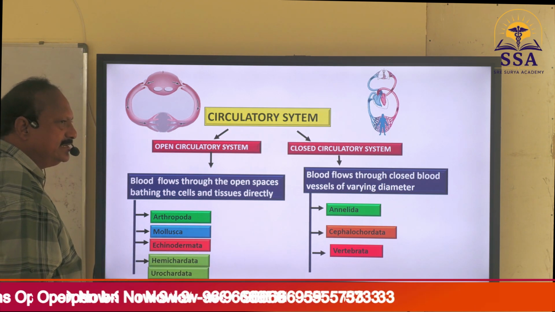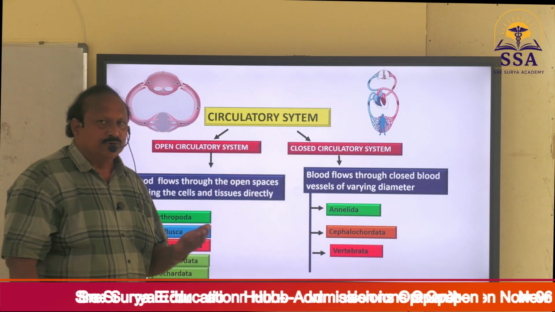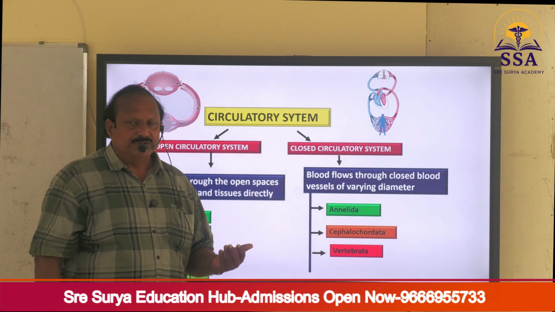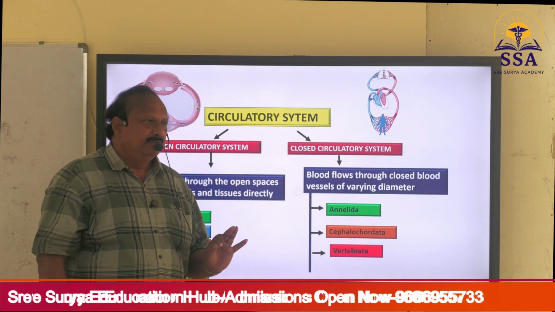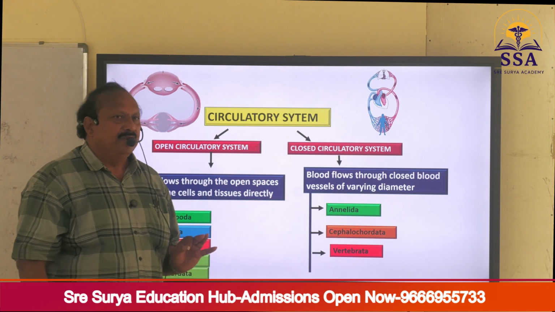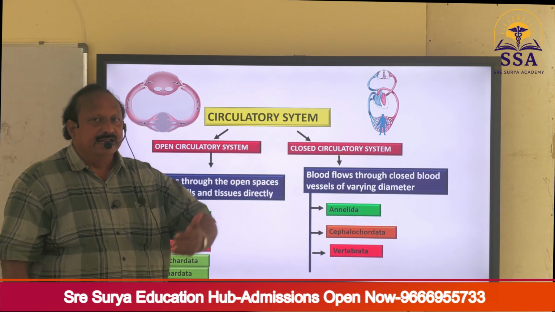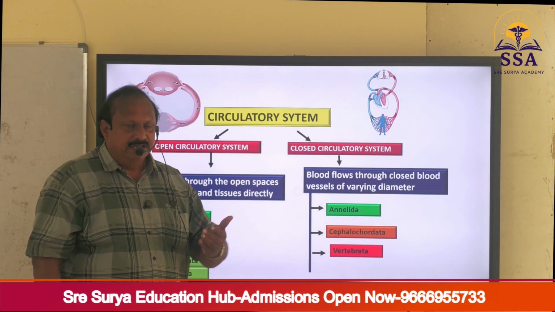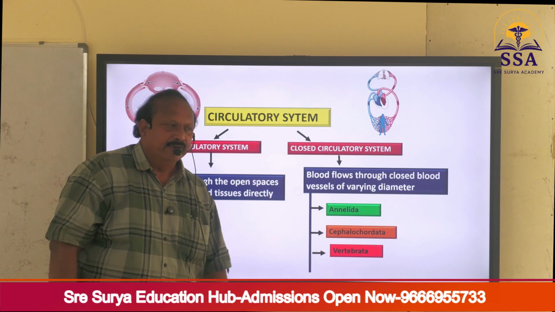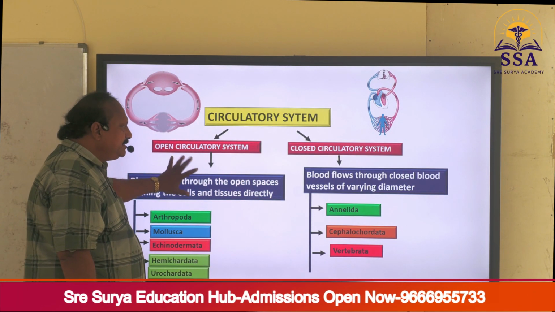And third one is Vertebrata. Cyclostomes to mammals, Vertebrata. So, my dear students, the circulatory system is very important. We have this topic again in the circulatory system in the human physiology. Okay? So, this is about circulatory system.